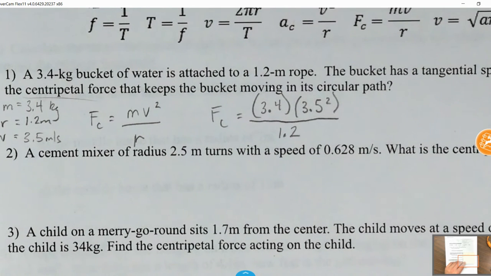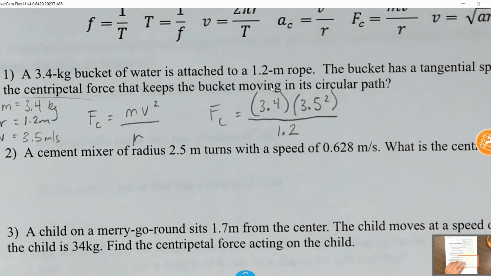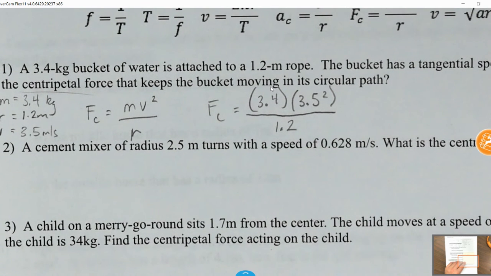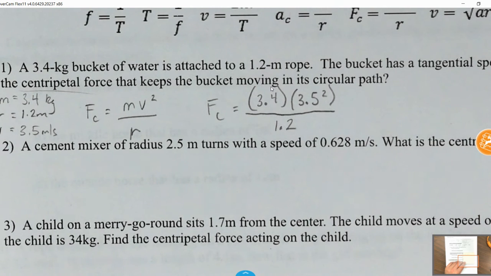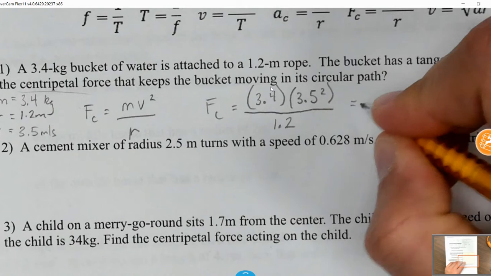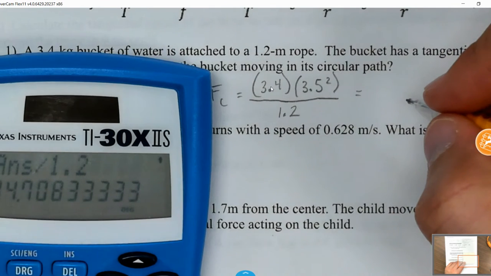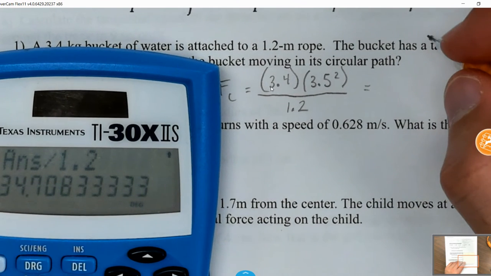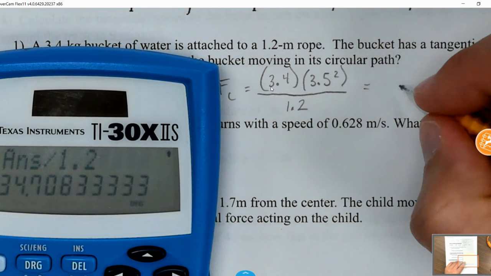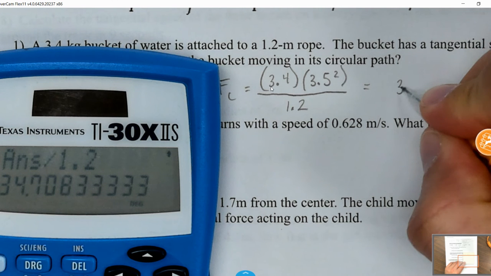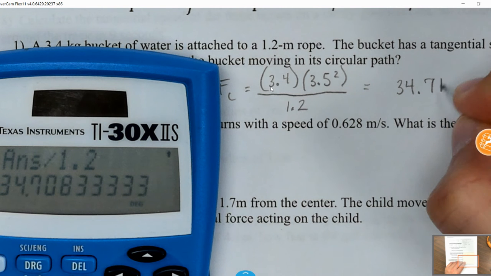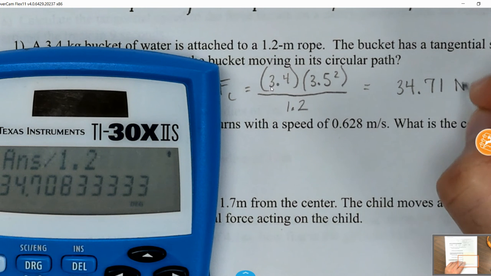Okay, so I would do it like this. 3.5 squared equals 12.25 times 3.4, and then equals, and then divide by 1.2, and I get an answer of 34.7083. I'm going to give 2 decimals here. I'm going to call it 34.71. The unit would be newtons.